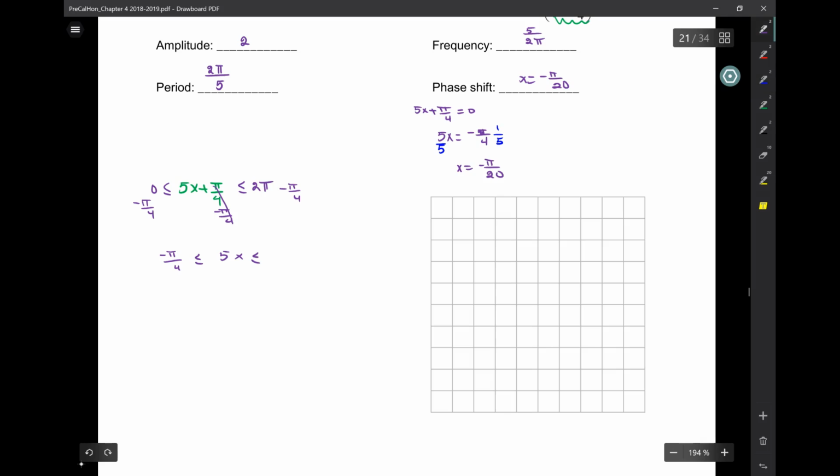The denominator is always going to be the same as the denominator you have. And now here's what I do. 4 times 2 pi, always multiply that way. That's 8 pi. And then add this way, 8 pi and negative pi, 7 pi. Okay? That's how I do it. Yes? We're good with that?